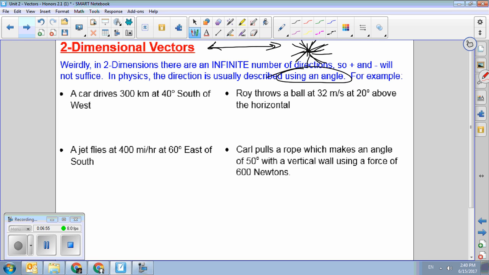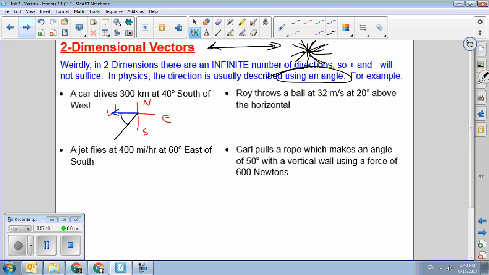All right, so in this first example, it says a car drives 300 kilometers at 40 degrees south of west. So what does that mean? Well, I'll draw a little compass. North, south, east, west. So here's west, but we want south of it. So I want to go 10, 20, 30, 40 degrees south of west.